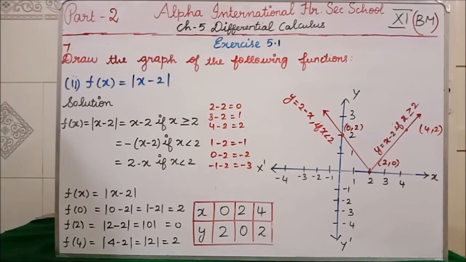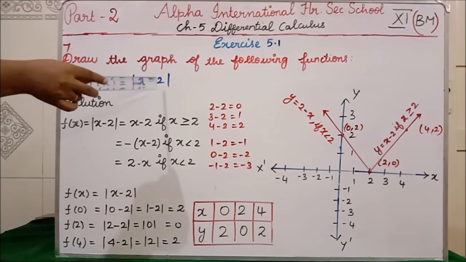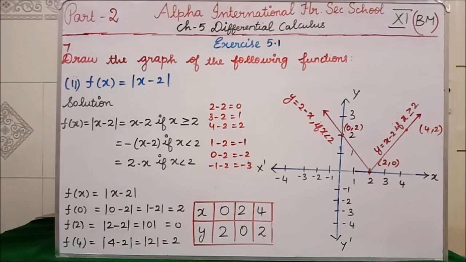Now we'll go to the solution. See, now f of x is equal to modulus of x minus 2. Now we are going to find the values for the table. Clear, all of you? f of x is equal to modulus of x minus 2, that is our question. Now I am going to give any value, students. You can give 0, 1, 2, 3, any value. I am giving 0 for x.